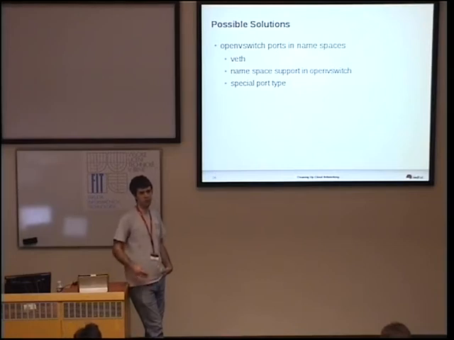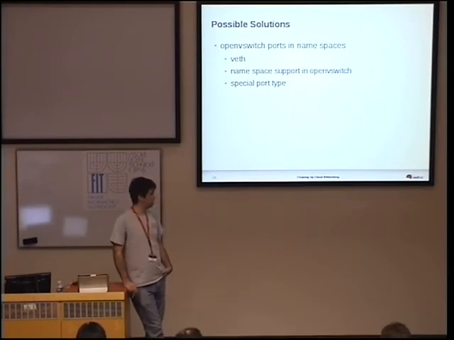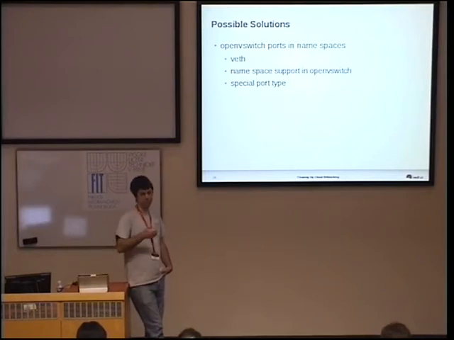So it will actually affect performance also for normal use cases. It may turn out necessary, but it's definitely not something to be taken lightly. Or we can create a special port type that is actually allowed to be moved to a different namespace. Well, yeah, this is still something we're working on.